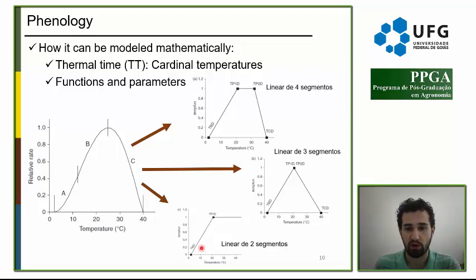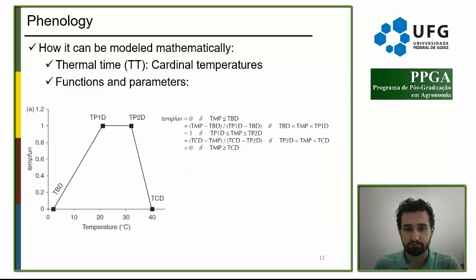For example, AquaCrop uses this approach here, the EPIC uses this approach, and the SAT uses this approach. Which one is the best? I need to look at my aim, what I want to simulate, and how is the environment that I am simulating this condition.